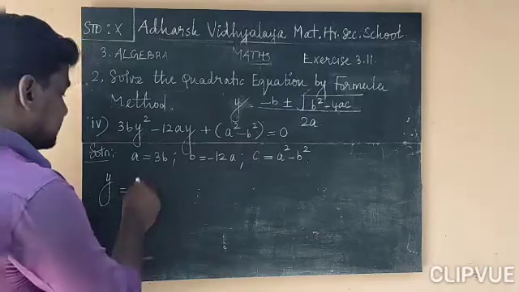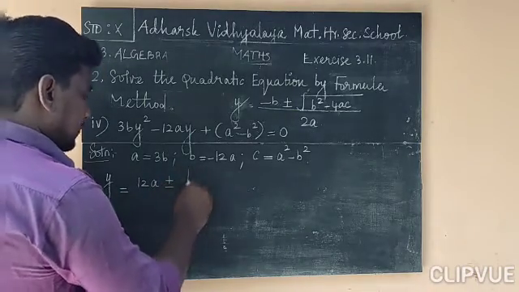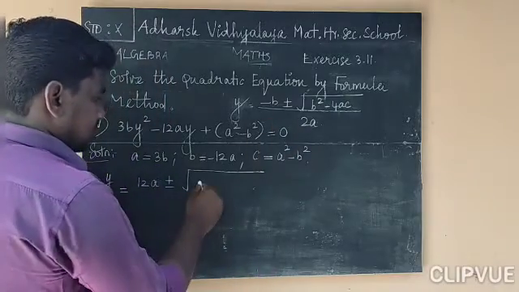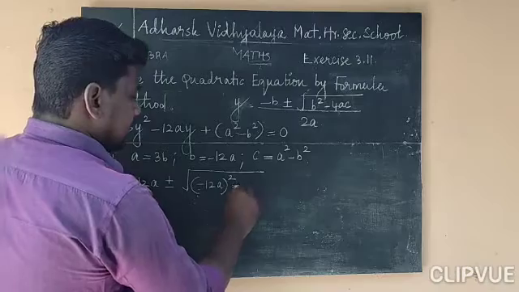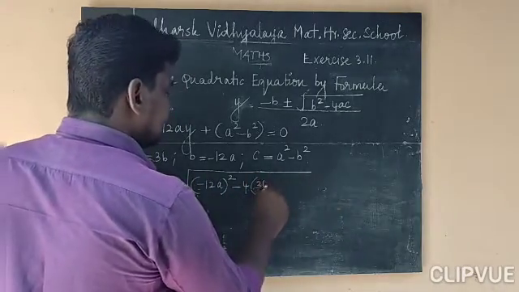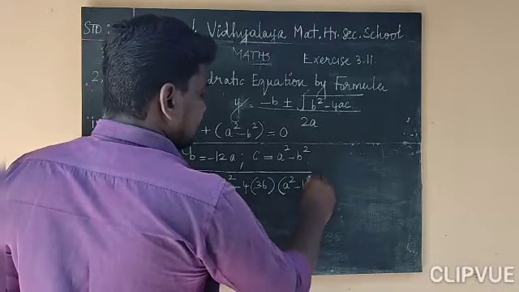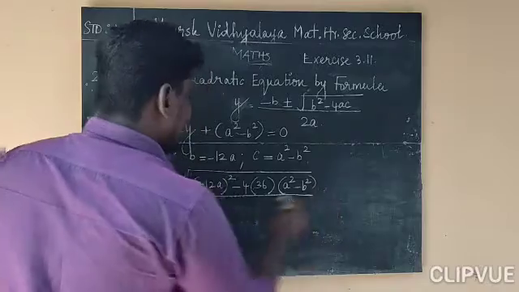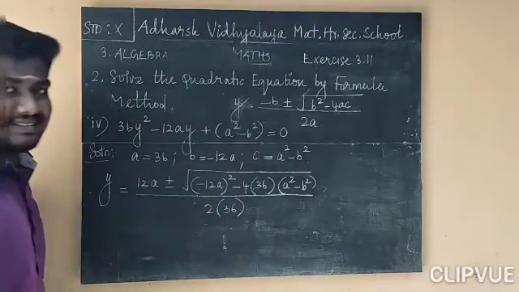So minus into minus, plus 12a plus or minus root of b square. What is b? That is minus 12a the whole square minus 4 into a value 36 into c value a square minus b square, whole divided by 2 into a, 2 into 36.